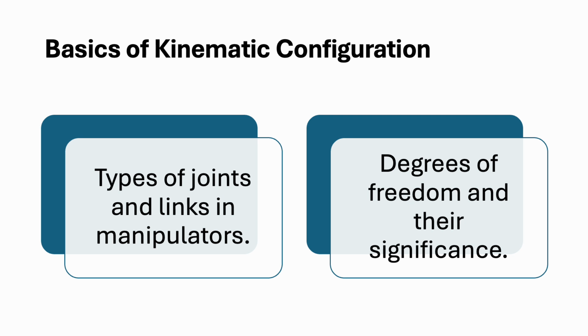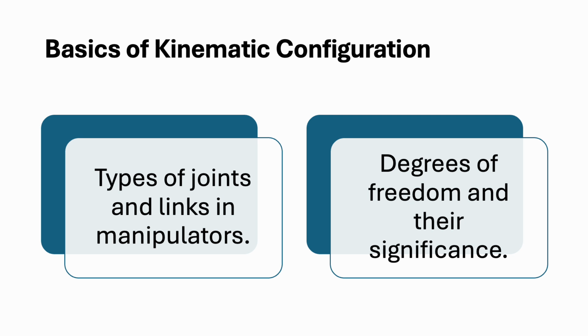The combination of different types of joints and links results in various kinematic chains, such as serial and parallel configurations, each offering distinct advantages in terms of motion range, load capacity, and precision.